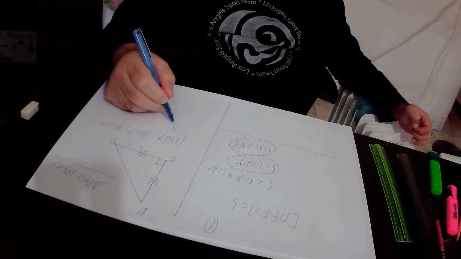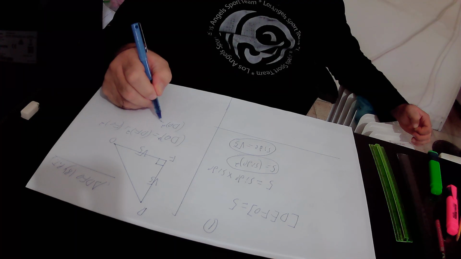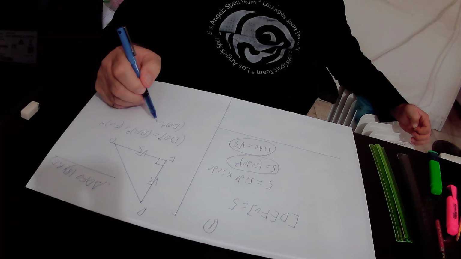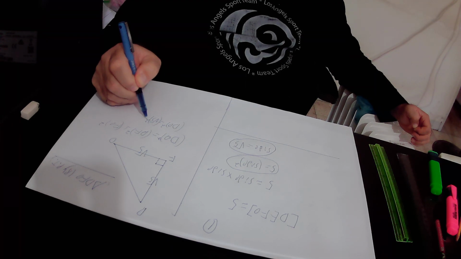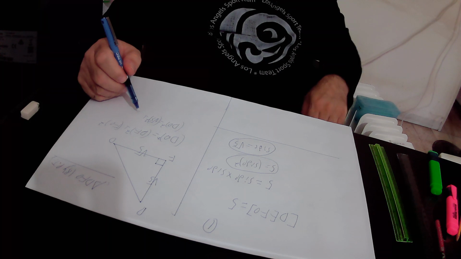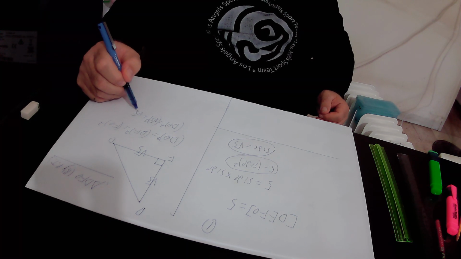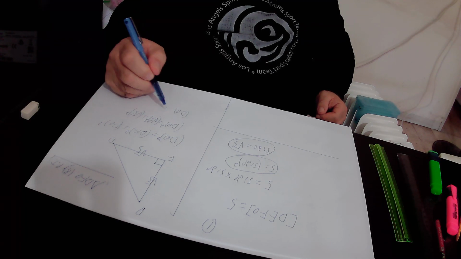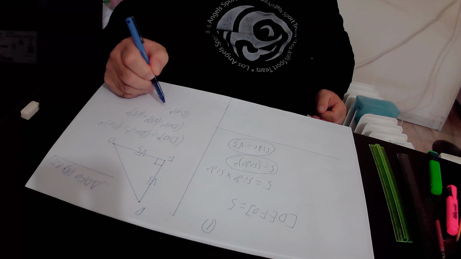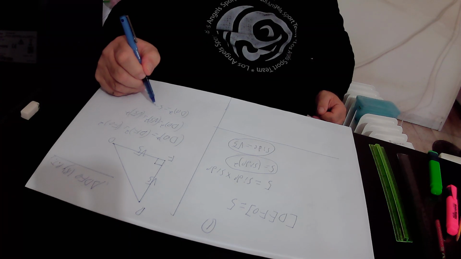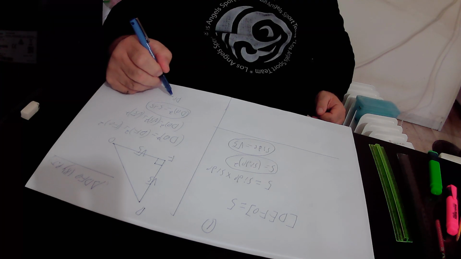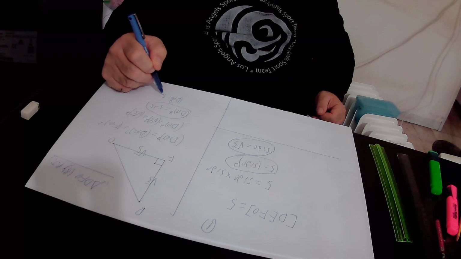So DO square, the square of the hypotenuse, equals DF square plus FO square. DF equals the square root of 5, therefore DF square equals the square root of 5 squared, plus FO square. FO also equals the square root of 5, therefore FO square equals the square root of 5 squared. So in conclusion, DO square equals the square root of 5 squared plus the square root of 5 squared. The square root of 5 squared equals 5, so it is 5 plus 5, that is 10.